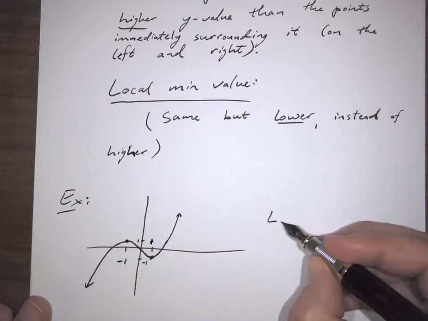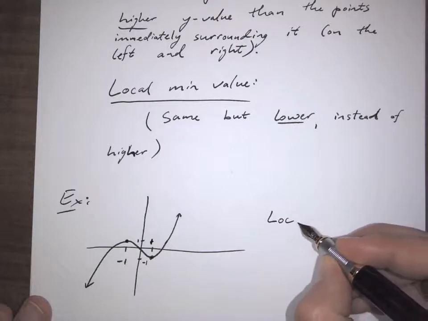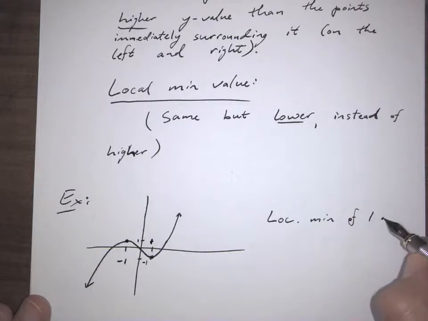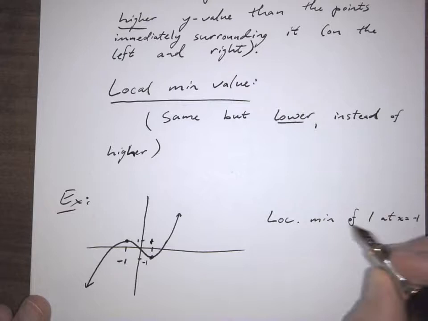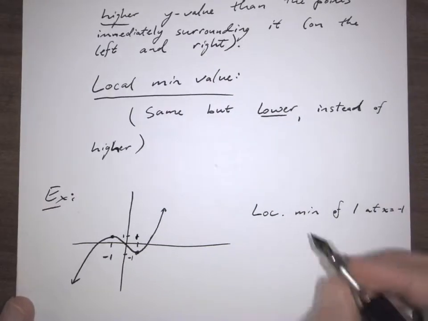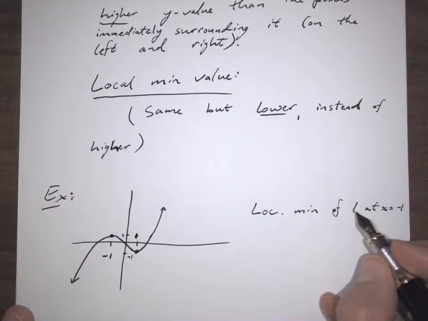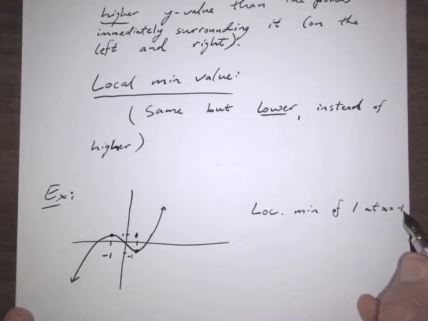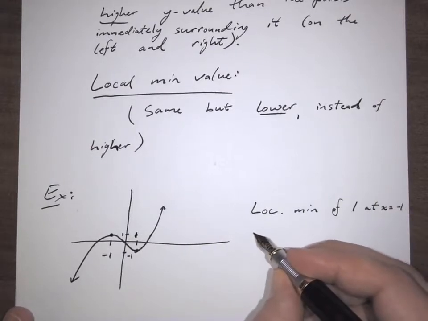So the way we can word this is there is a local max of 1 at x equals -1. This is the best way of wording this. You can say there's a local maximum value of 1, so the y value is the value, and where it happens is at x equals -1.